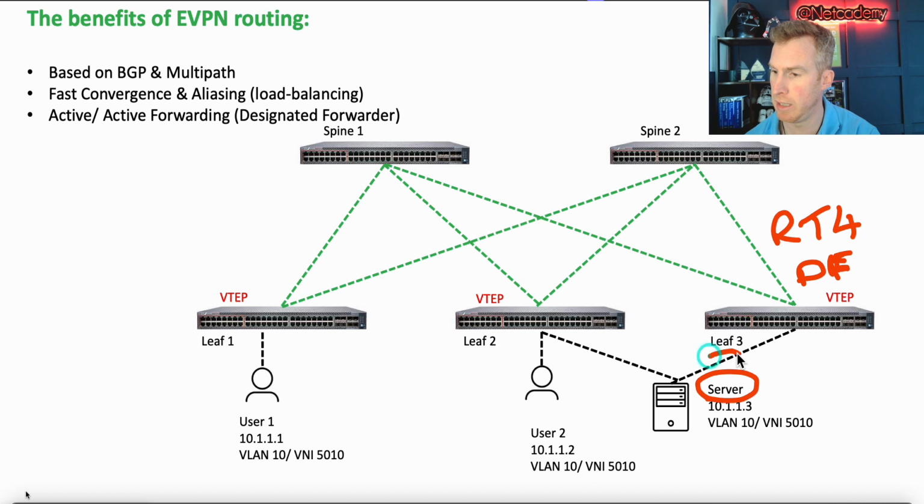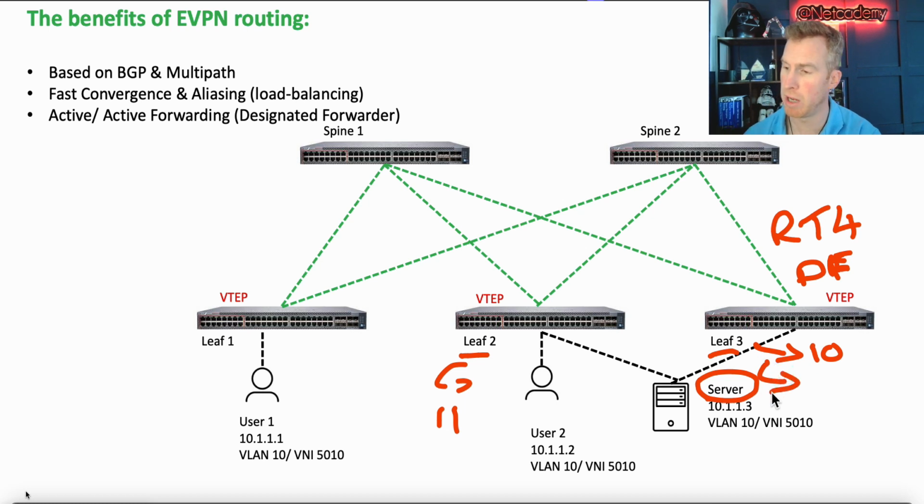Basically, leaf 3 and leaf 2 would decide amongst themselves who's going to be the designated forwarder for BUM traffic for a given VLAN. So leaf 3 might be the designated forwarder for VLAN 10, whereas on the next election process, leaf 2 might be the designated forwarder for VLAN 11. It goes round and round through a round robin decision-making process, and then leaf 3 would be the designated forwarder for VLAN 12, and then leaf 2 for VLAN 13.